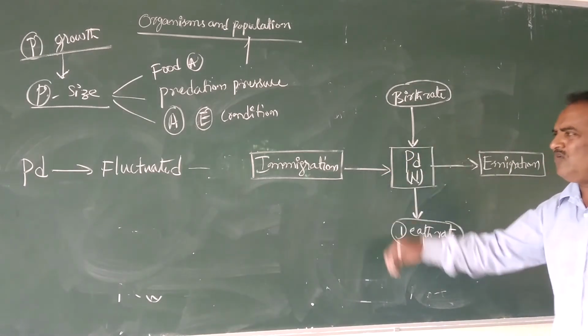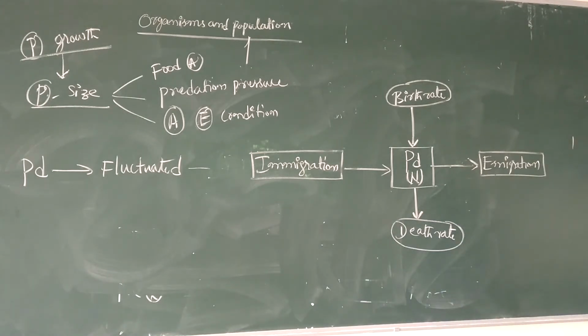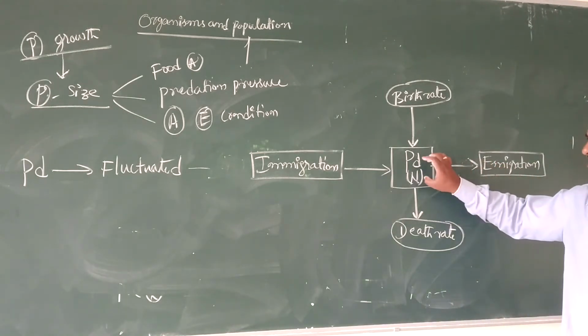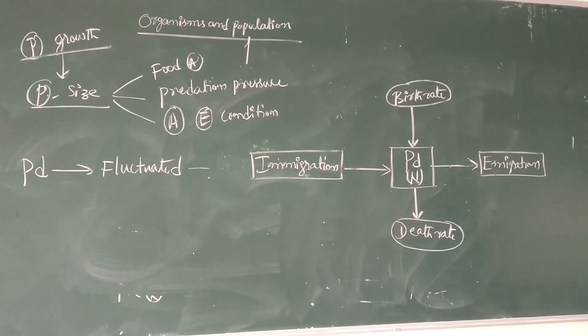These are the four processes which fluctuate population density.